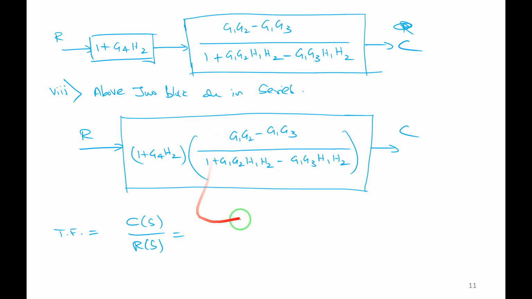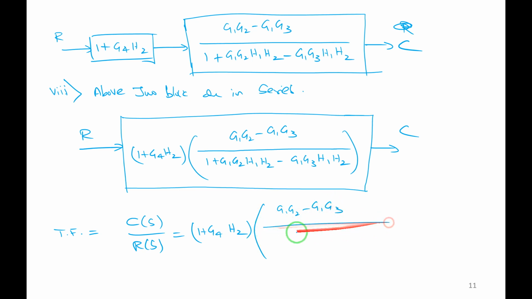This is the transfer function. So let me write: 1 plus G4 into H2, into G1 G2 minus G1 G3 divided by 1 plus G1 G2 H1 H2 minus G1 G3 H1 H2.